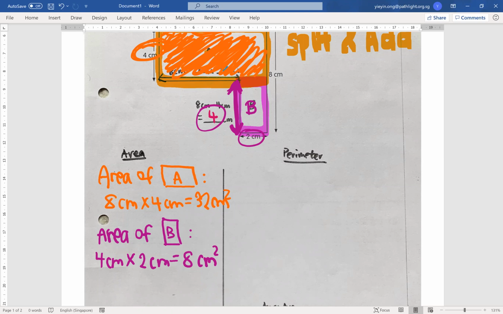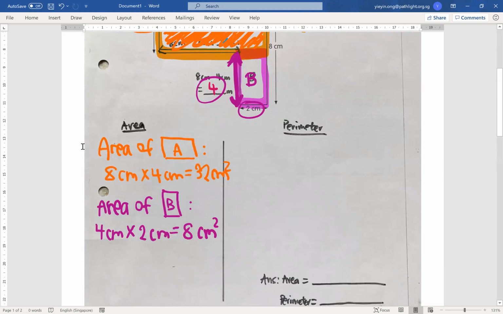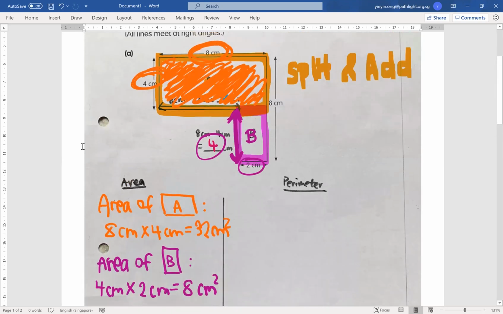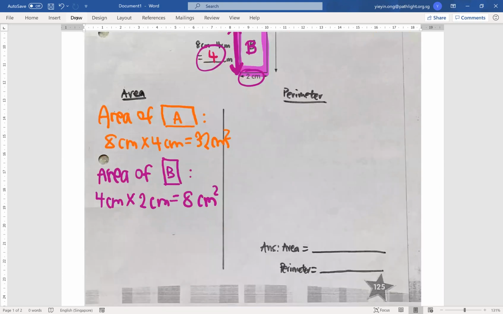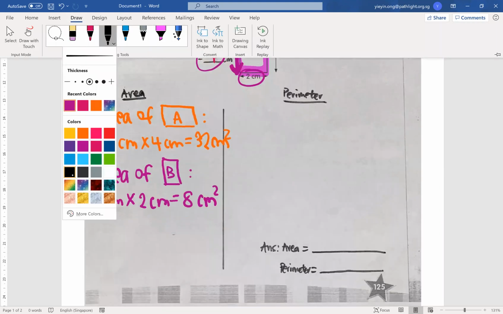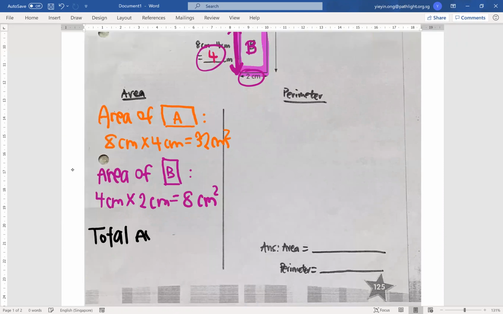Then I want to find the total area of this composite figure. Rectangle A plus rectangle B. So total area, A plus B, that would be 32 square centimeters plus 8 square centimeters.